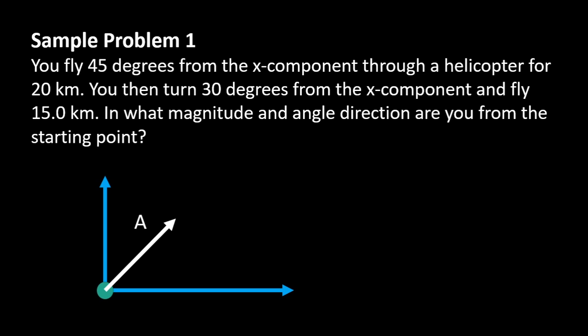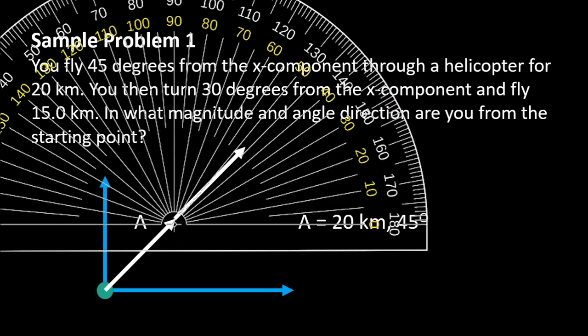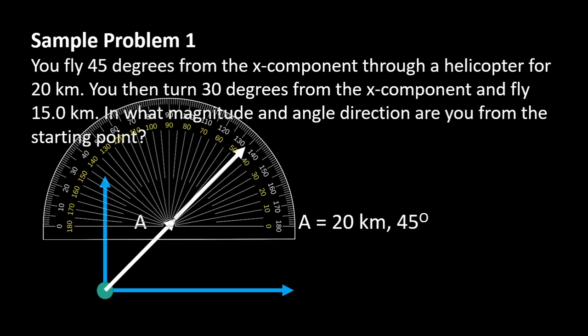We write vector A with the value of 20 kilometers with 45 degrees. Let's proceed to the next value. Our origin starts here, but let's change the angle. Let's align it using our protractor and measure 30 degrees.